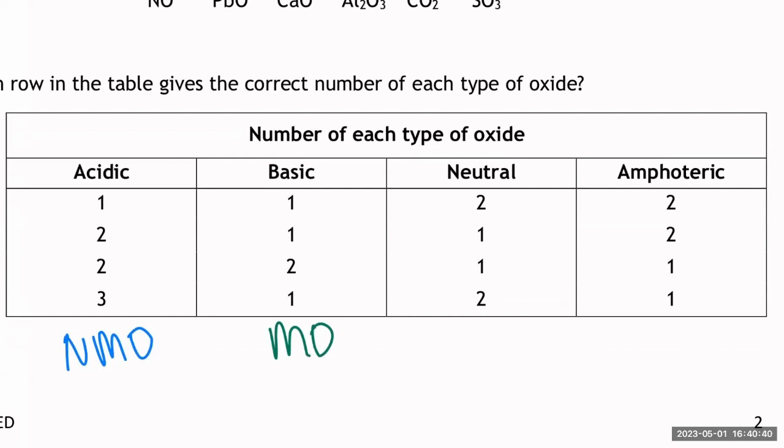This is how I remind myself as well. Neutral oxides also fall under non-metal oxides, right? Over here I'm just going to put a little fine print. What are some examples of neutral oxides?